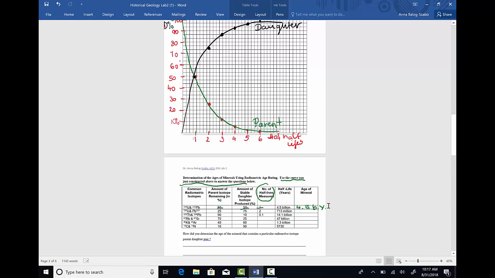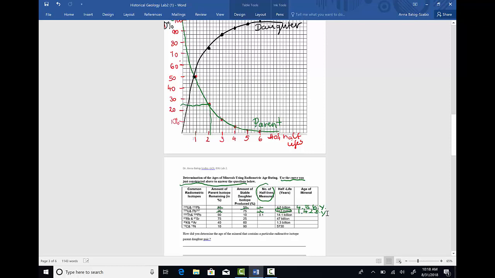The next one is we have 25% of parents still left and 75% daughter. So at 25%, I'm coming down, and it's right here. If I go down, you can see that that's 2. I already put that down. Now, 1 half-life is 713 million years, so you just have to add that up: 1.42 billion.